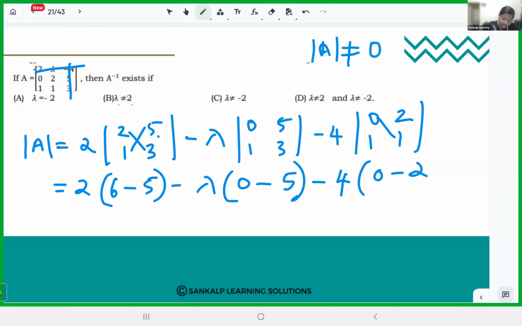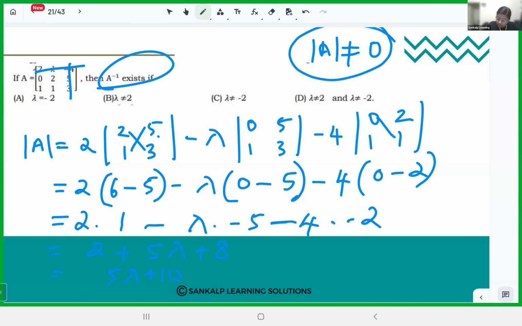Since A inverse exists, we know the determinant should not be equal to 0, which means 5 lambda plus 10 should not be equal to 0. Okay, 5 lambda plus 10 should not be equal to 0, which implies 5 lambda should not be equal to minus 10. I'm taking this 10 to the other side. Which means lambda should not be equal to minus 10 by 5.